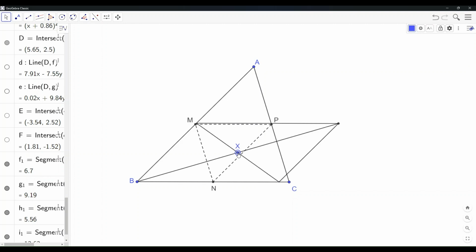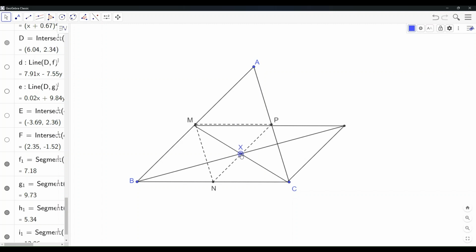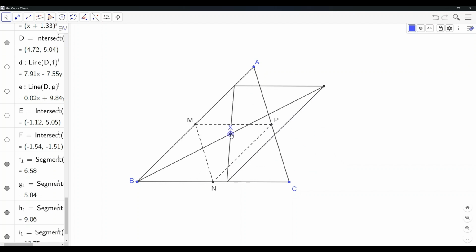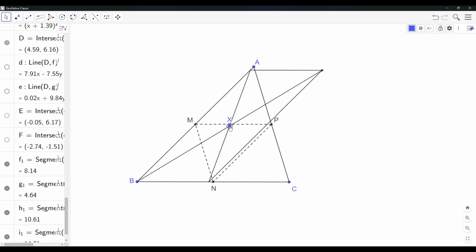It's approaching C, and when it crosses over the boundary, the intersection is out of the range. This is similar on the other side. For example, cross over MP, and the intersection on AB will be out of the range.